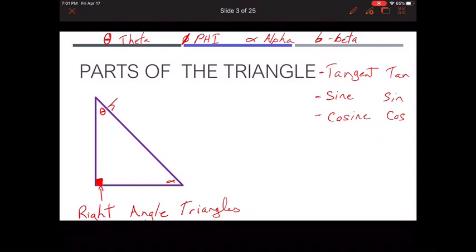We've got two other sides of this triangle, and they switch back and forth depending on which angle you're talking about. Whereas the hypotenuse stays the same no matter what's going on, it is always the one opposite the right angle. It's always the longest side, the slopey side, the one opposite the right angle.